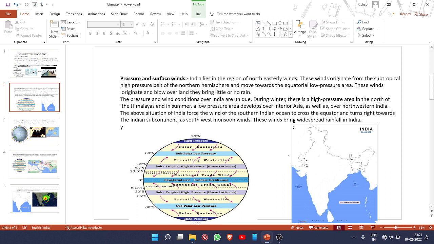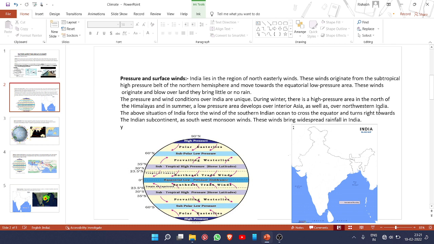We know that this is the desert area, and this complete northern part where we enjoy the continental type of climatic condition converts into the low pressure zone.